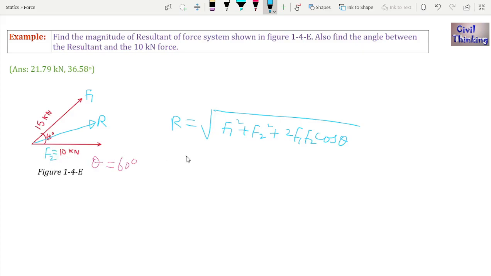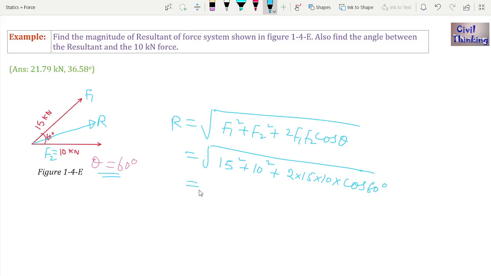Now let's put the values. It is going to be root of 15 square plus 10 square plus 2 times 15 times 10 times cos theta. Now how much is theta? 60 degree, right? Cos 60 degree.